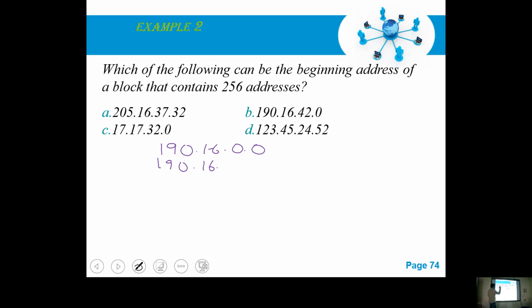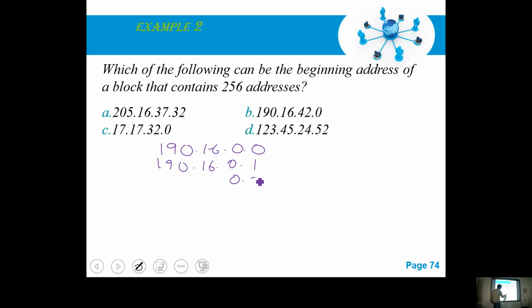190.16.255. I am saying only 256 addresses are there. I am making subnetting. How many addresses are there? 256. So what will be the last value? Just some time back when we had two addresses, what was the last address? Here itself, if you consider two addresses, what will be the last one? 1, it will be like 0.1.